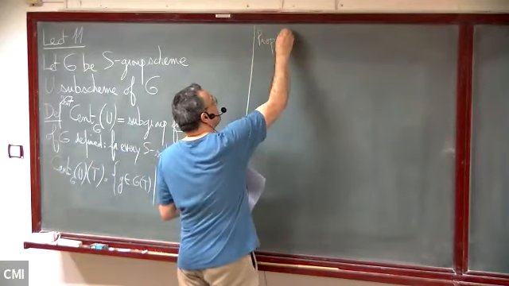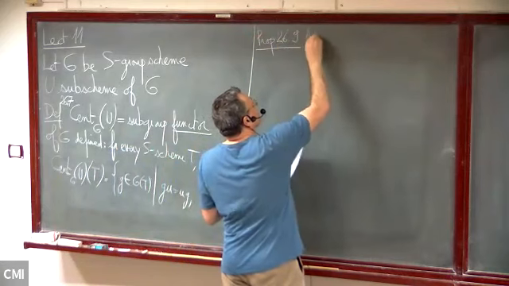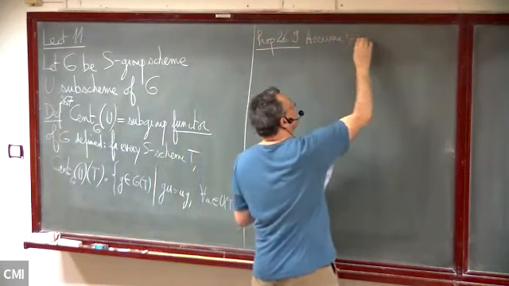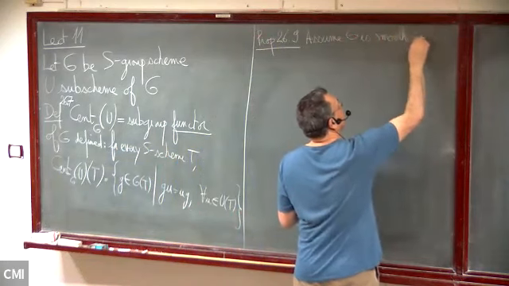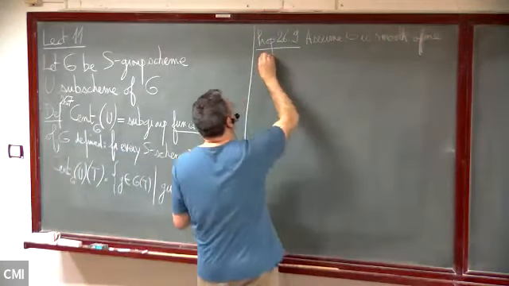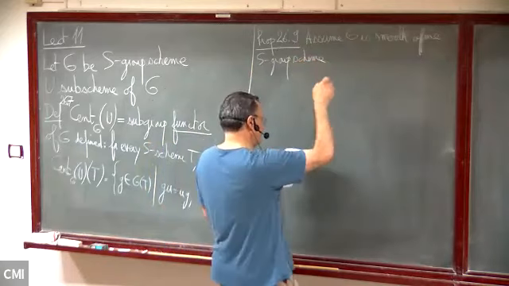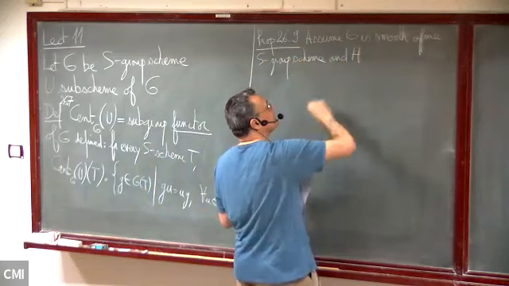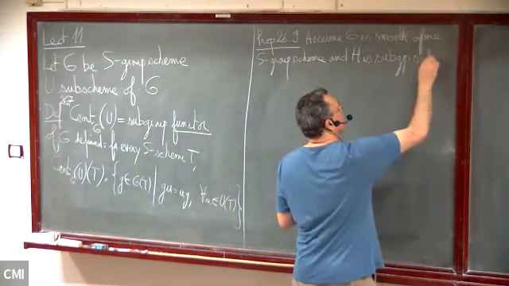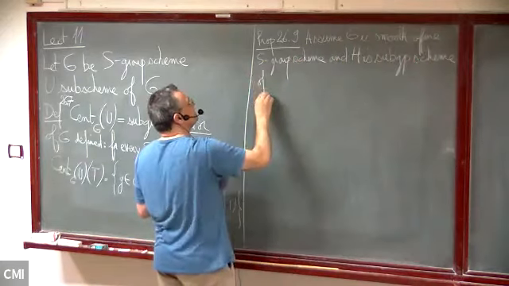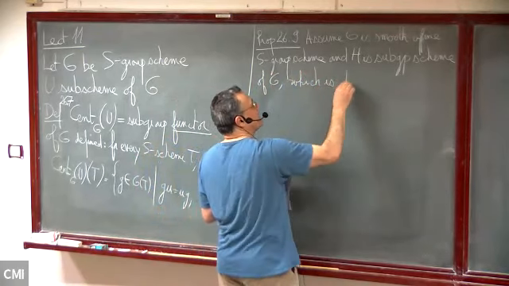We have the following proposition. Assume G is a smooth affine S-group scheme and H is a subgroup scheme of G which is of multiplicative type.